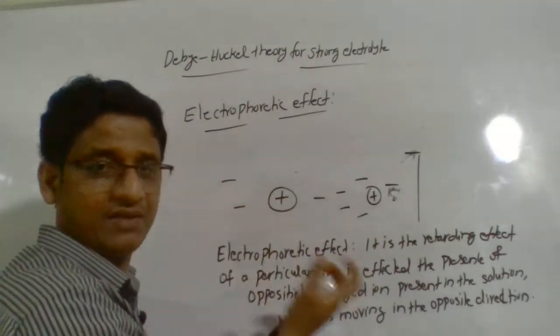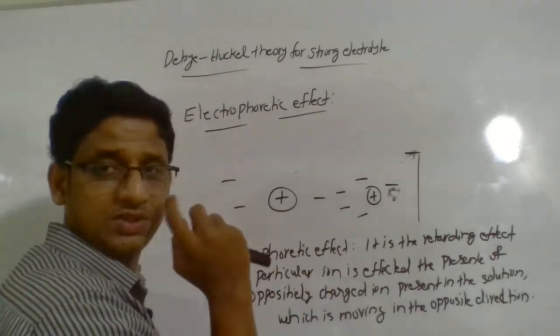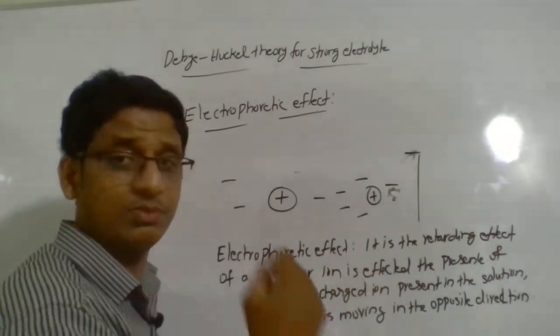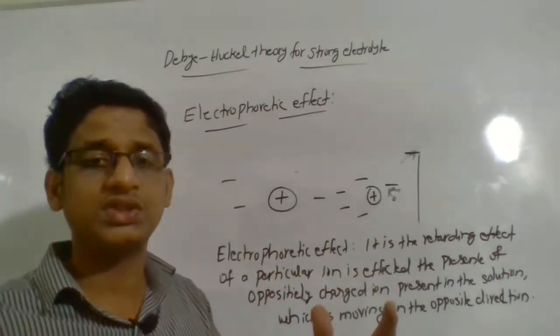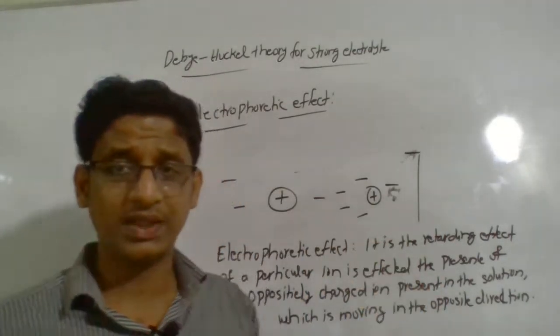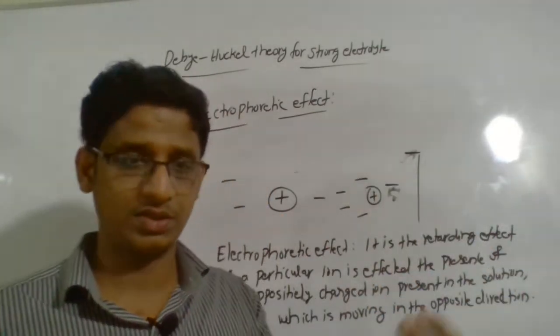At lower concentration, the force of attraction between oppositely charged ions is less, which means the movement is more free. That way, a very dilute solution is good for strong electrolytes to behave as good molar conductors.